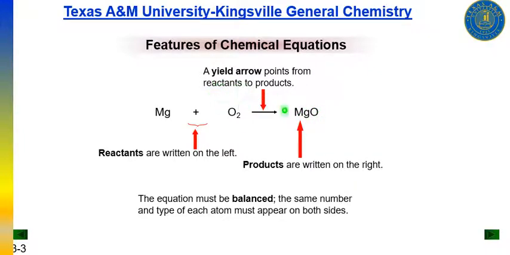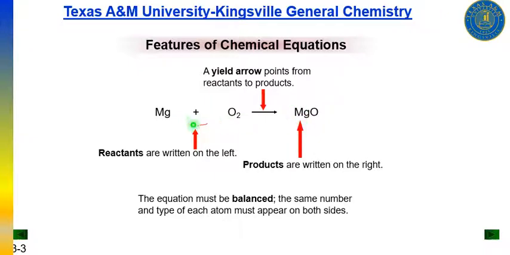In between your reactants and products, you use a yield arrow to represent it, pointing from the reactants to the products. The equation must be balanced, meaning the same number and types of each atom must occur on both the reactant and product sides.